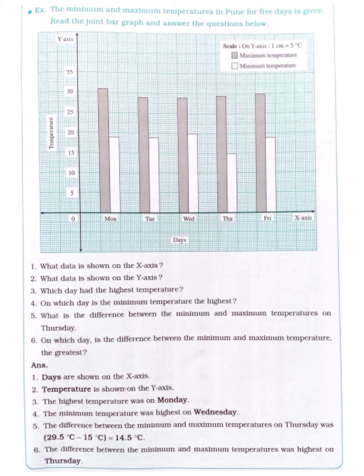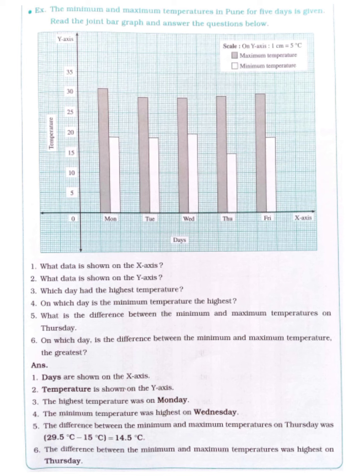Now let us have a look at the question number 1. See the question. What data is shown on the x-axis? And the answer is days are shown on the x-axis. Let's have a look at the second question. What data is shown on the y-axis? Temperature is shown on the y-axis.